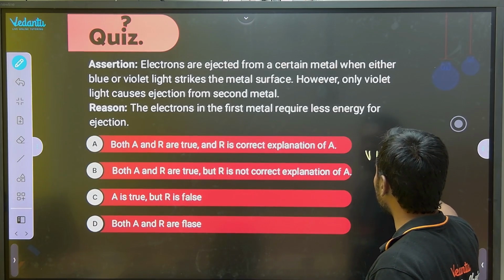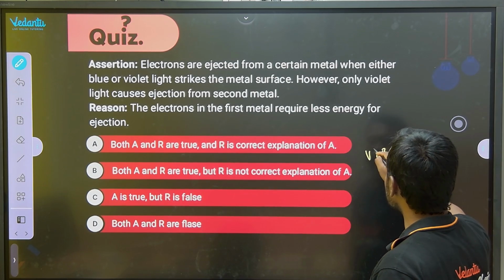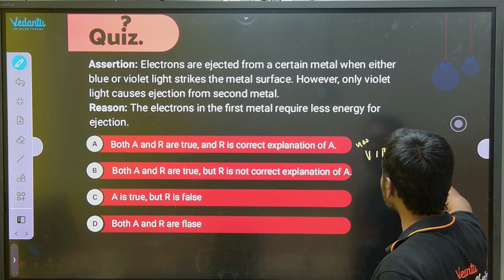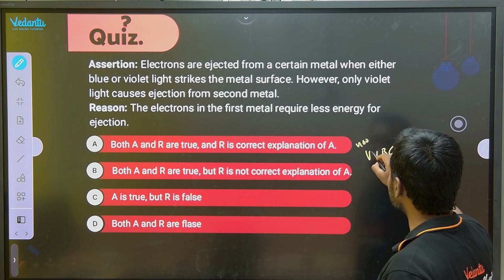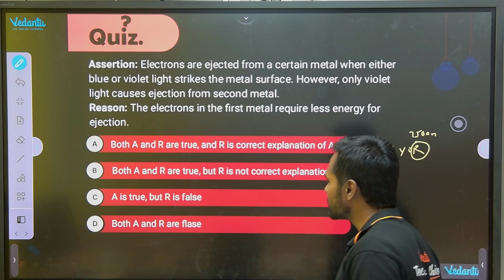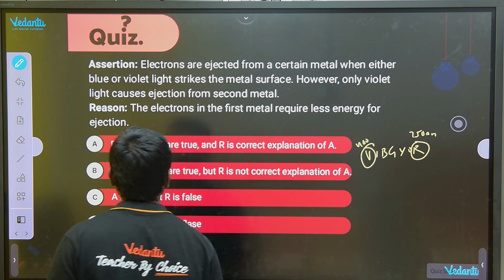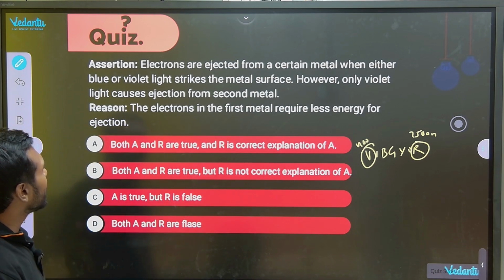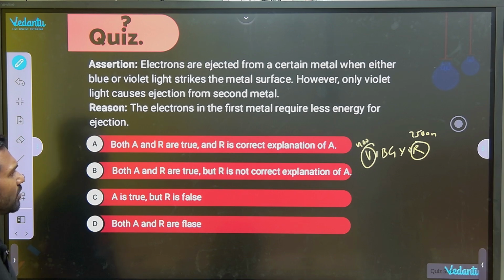We are writing VIBGYOR. This end is 400 nanometers, and this end is 750 nanometers. So this side is more energy, and this side is less energy. So the question: when either blue or violet light strikes the metal surface, however, only violet light causes the ejection of the second metal.